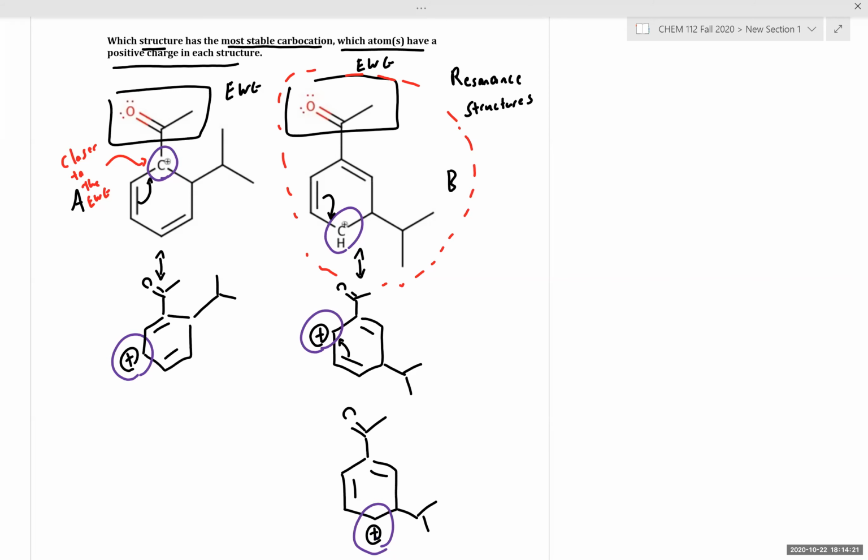Which structure has our carbocation closest or adjacent to our electron withdrawing group? Building off of the resonance structures that your fellow classmates have provided, which set of structures has the carbocation closest to your electron withdrawing group, A or B?